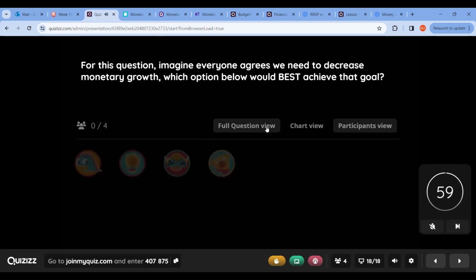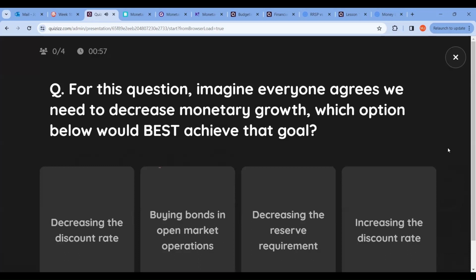So for this question, imagine everyone agrees we need to decrease monetary growth. Which option below would best achieve that goal?